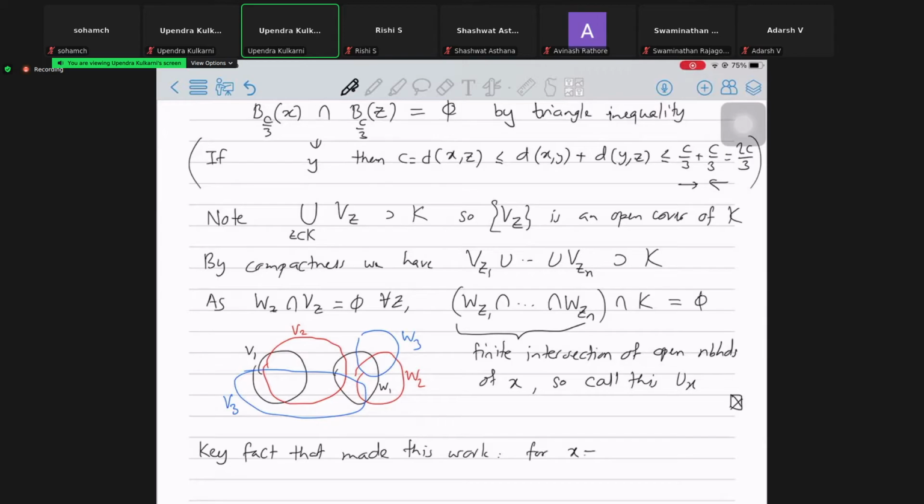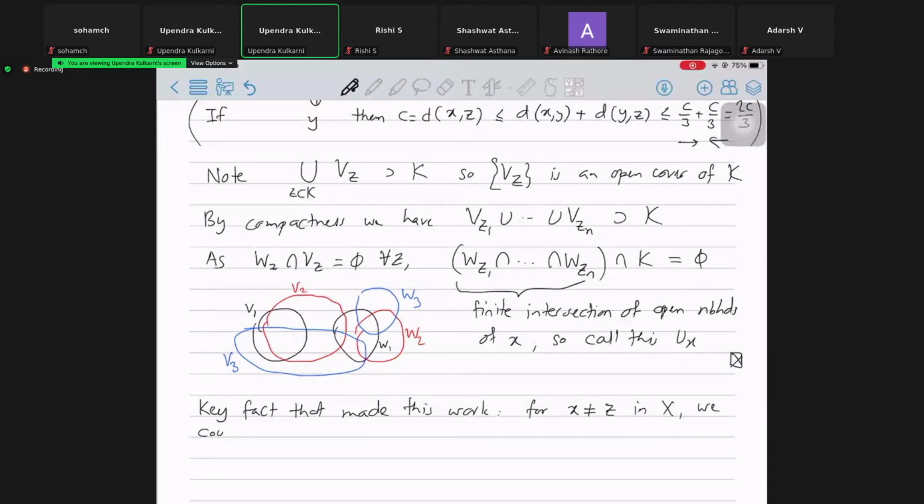For X not equal to Z in X, we can find open neighborhoods V and W of X and Z respectively such that V intersection W was empty.